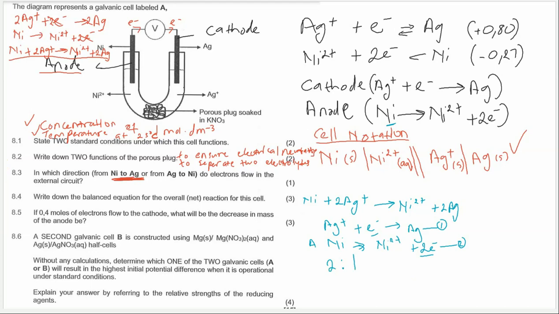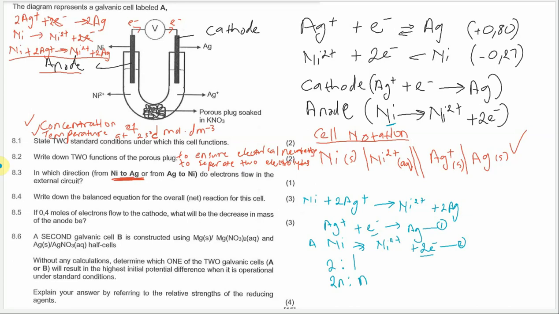That's the ratio between these two electrons. Using the number of moles, you'll have 2n to 1, or I can just say n. I need the number of moles for the anode, and I know the number of moles for the cathode.